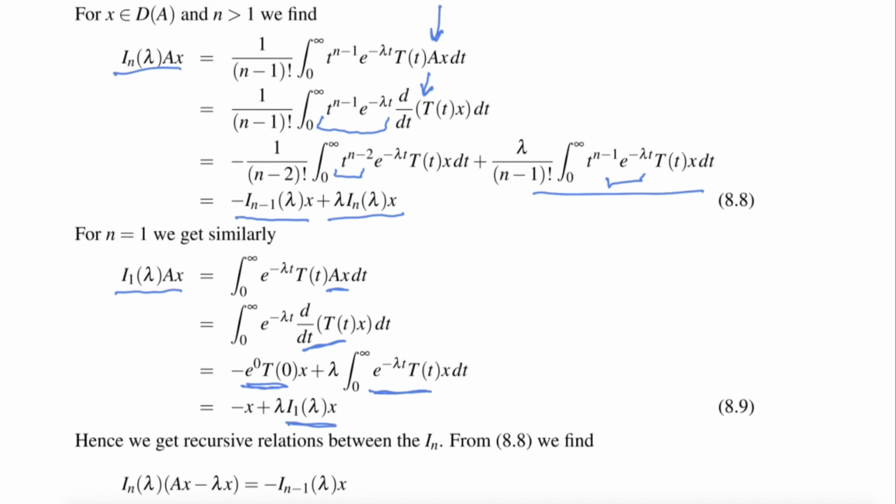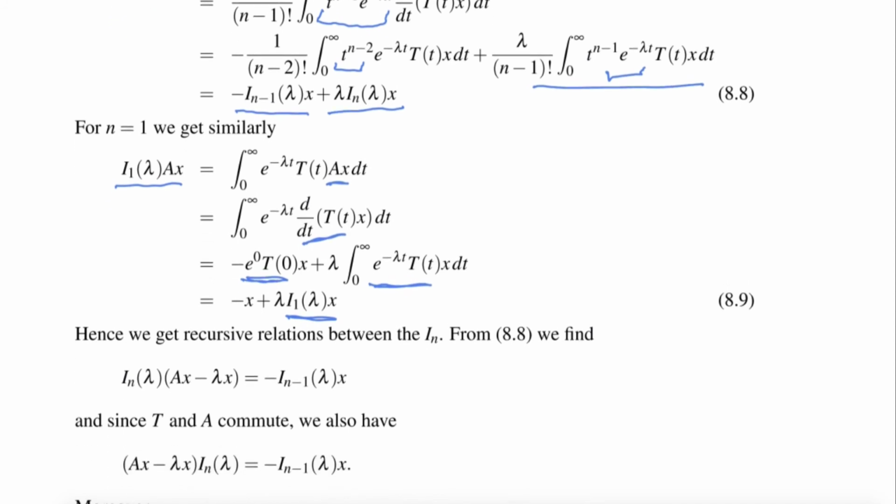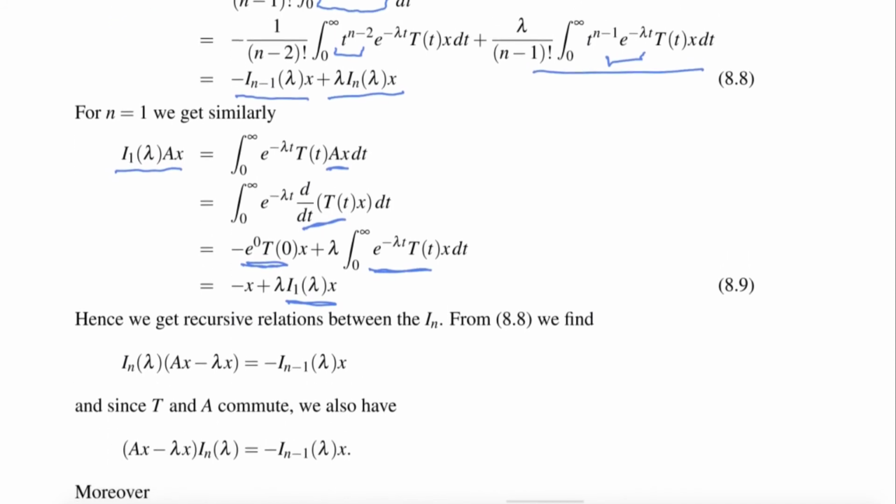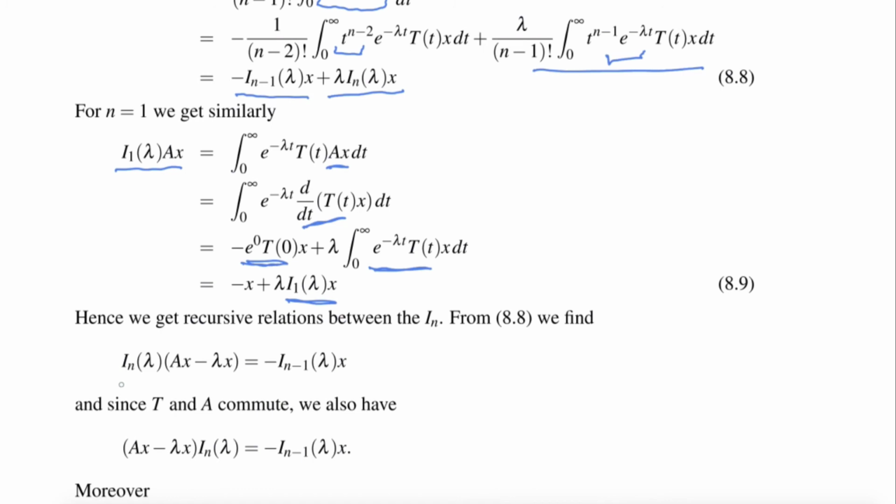All right? So this is not difficult analysis. Maybe I was a little bit fast, but you can stop the video anytime and just look at it. So then we have a recursive relation from the first bit here. I_n times Ax minus lambda x is minus I_(n minus 1) of x. And since T and A commute, we also have the reverse direction for the same equality.